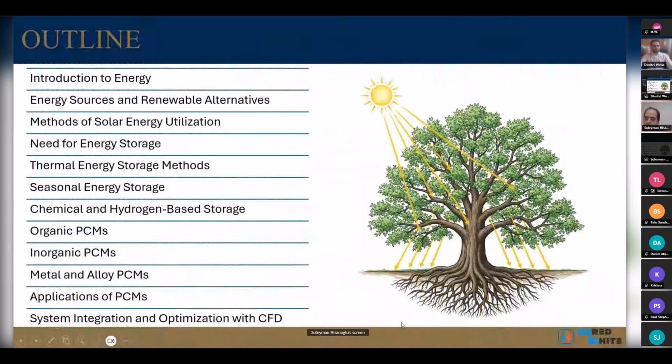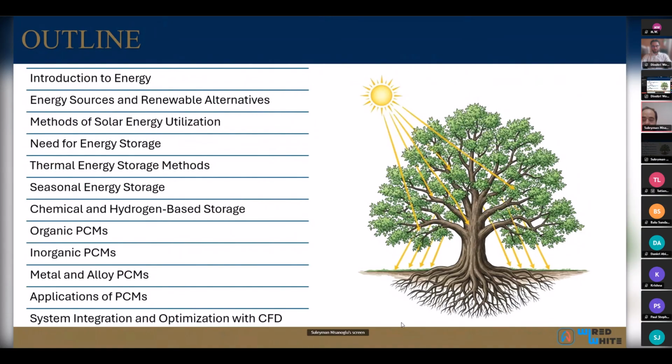I will begin today's presentation by discussing energy definition, followed by an overview of energy source with a focus on renewable energy source. Then we will delve into solar energy and subsequently concentrate on concept of energy storage. This is critical because we want to use solar generated energy even when the sun isn't out.